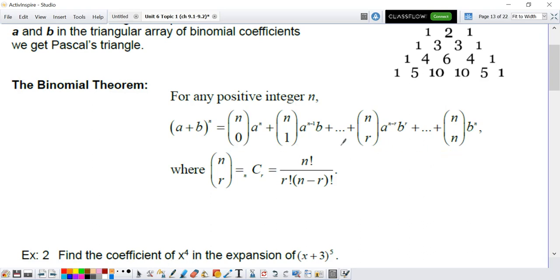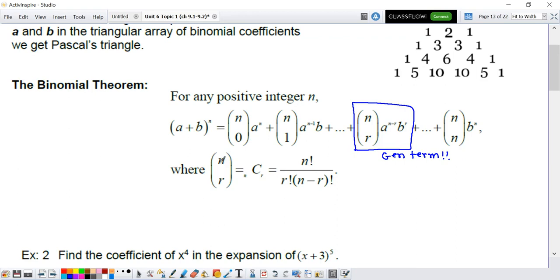So I would always recommend that you know this generic term. This is called the general term. If you remember the general term, you can create the whole binomial expansion, and you don't have to start everything from scratch, because many times the questions would only ask for a particular term. They would not ask you to expand everything.